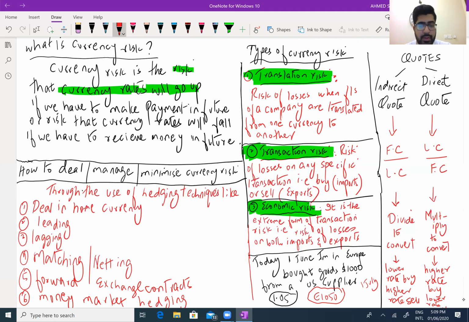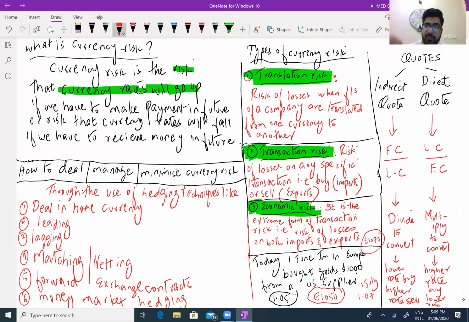The money changer told me, okay, I will send $1,000, give me the equivalent euros. So you asked, what is the rate? He told you that the rate today is 1.07.